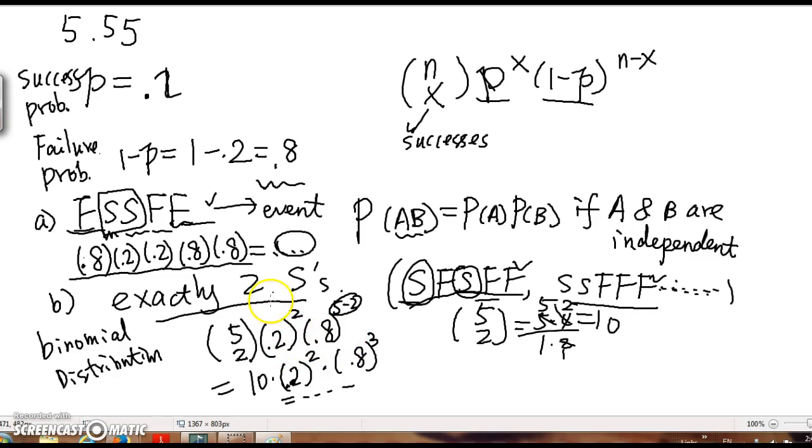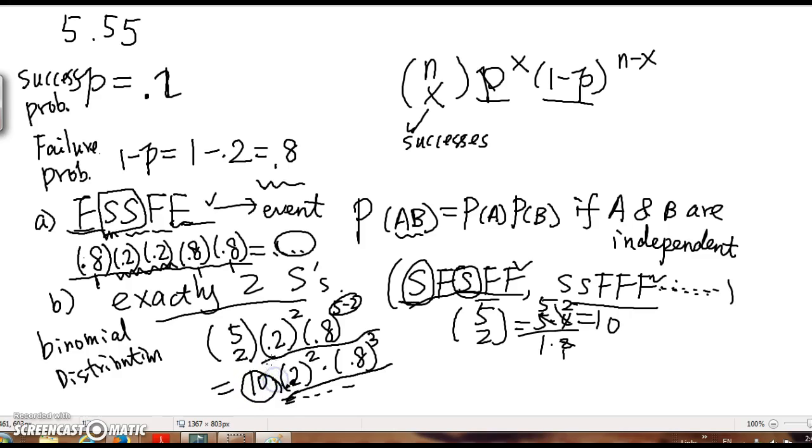All right, so you can see the difference here. In part A, we have 2 successes, 0.2 squared, and 3 failures, 0.8 times 0.8 times 0.8. In part B, we will still do that: 2 successes and 3 failures. So 0.2 is the success probability squared, for 2 successes, and 3 failures, 0.8 cubed. But we will multiply by 10.